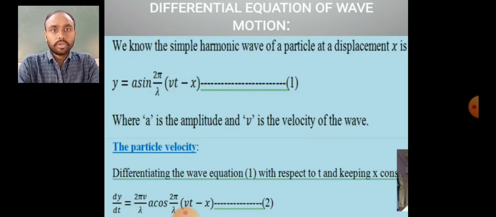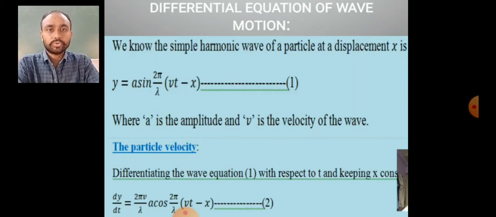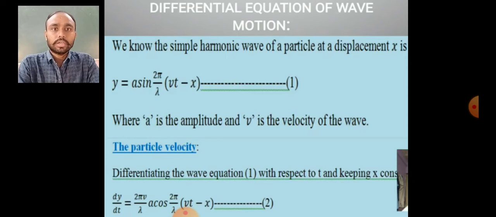That means, whenever we are talking about motion, we know that a particle is performing some simple harmonic motion or a wave is propagating in the forward direction, but how to represent this motion in terms of an equation, that is important. Because I told you in the very first video also, whenever we have to say something in physics, you should have some mathematical backup for it.